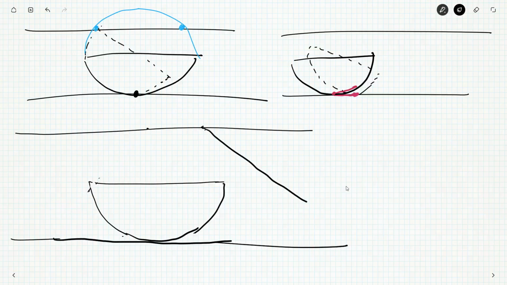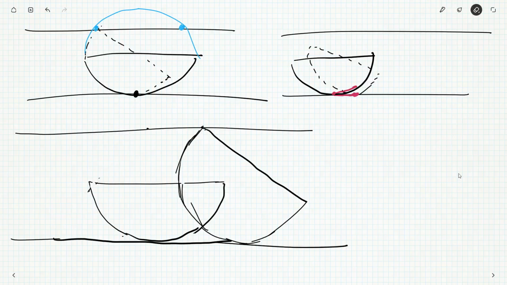It touches, and then the bowl now looks a little something like this. Not perfectly to scale, but it's not terrible.